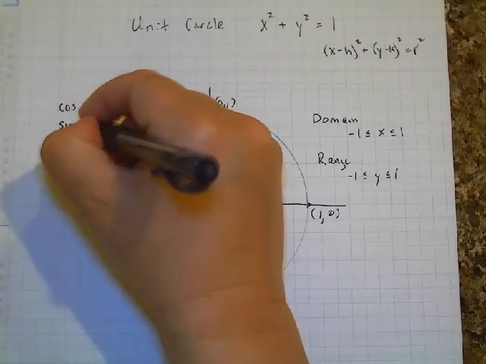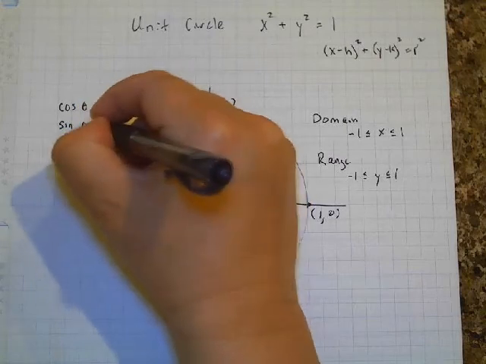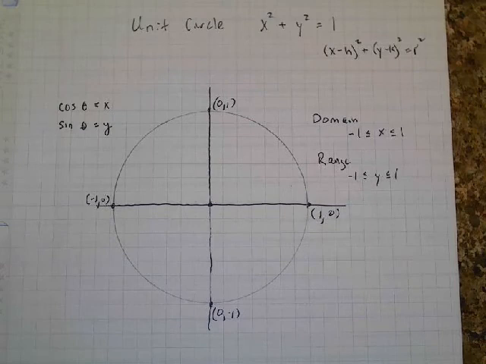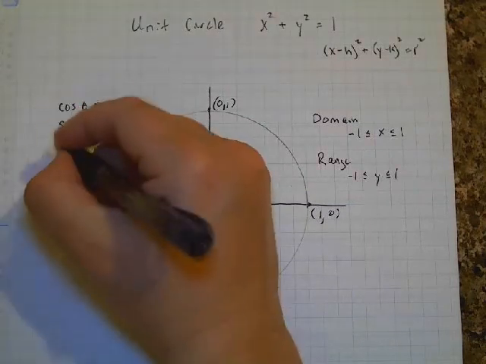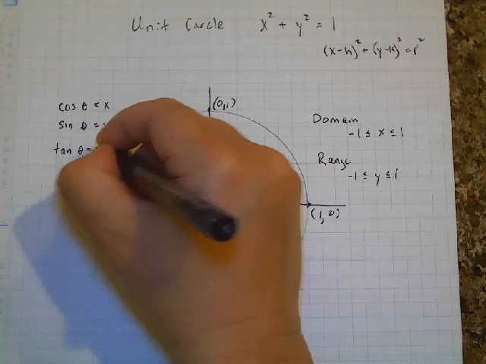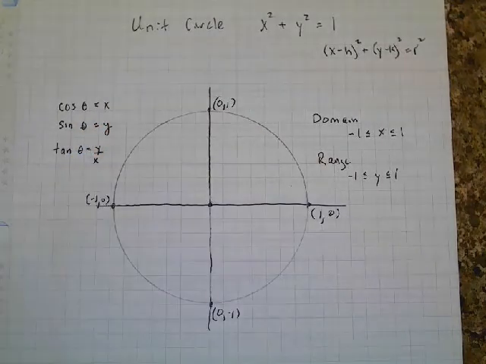Sine of any angle theta is always going to be the y value. And since tangent is opposite over adjacent, and we'll discover this more, tangent of any angle is going to be the y value over the x value.